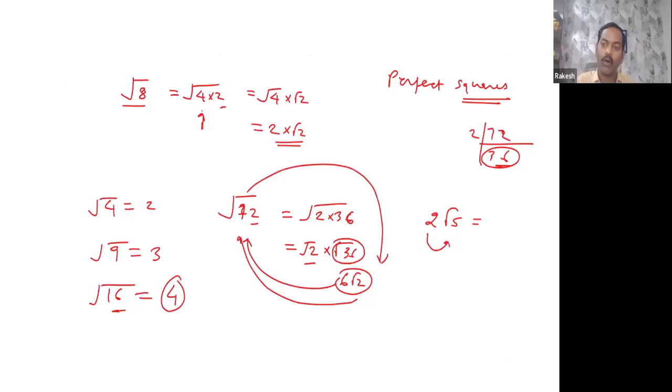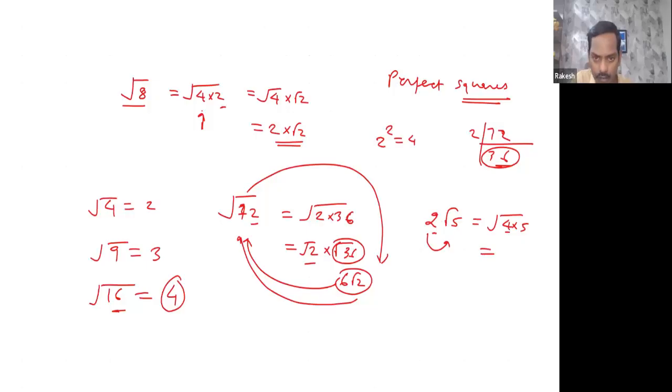That means before coming outside the root, inside the root, it was a square of something. It was a perfect square. It should have been the square of 2. Then only we can say that 4 would have become 2. Right? So 2 root of 5 is nothing but under root of 4 root 5, which is equal to under root of 20.